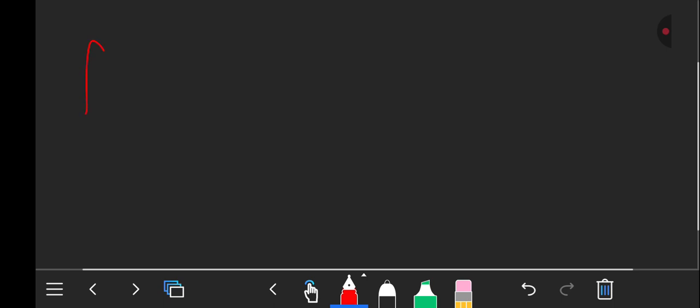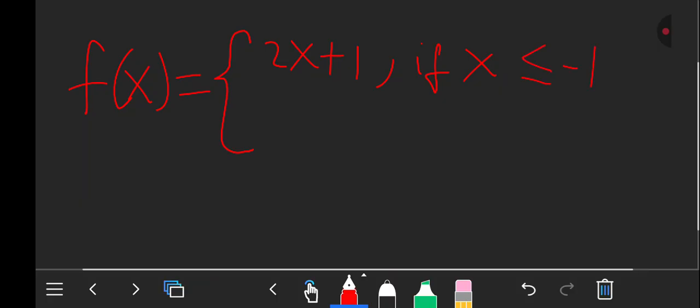I'll give an example. Let's say you have f of x is equal to, let's have a piecewise function which is 2x plus 1 if x is less than or equal to negative 1.